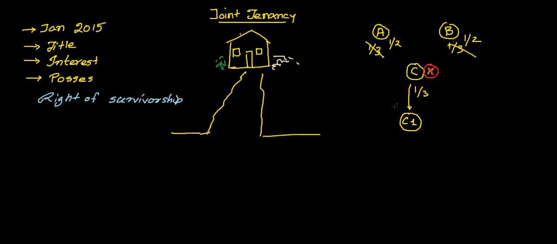Whereas A and B, even if B dies, then A will have 100% ownership of the property. And if A dies, then the heir of A, like the kids or whoever is the heir, will be the owner of the property. I hope this is making sense.